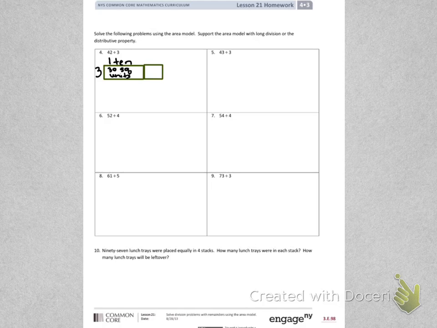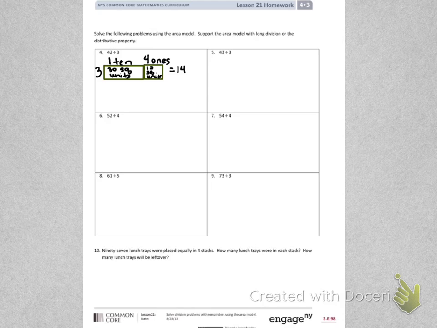Or 3 times how many ones make 12 ones? 4 ones. And when you multiply your 3 times your 4, because that's what you do on your area, you get 12 square units. And we don't have any remaining, so that's all we end up with. 1 ten and 4 ones equals 14.